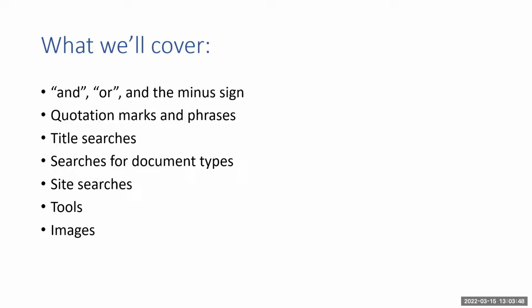We'll be talking about quotation marks and phrases, title searches, searches for document types like a PDF or a PowerPoint, how to search within a website, a site search, if the website doesn't provide it, especially. And then we'll talk about Google's search tools and a trick about searching for images that I find useful.